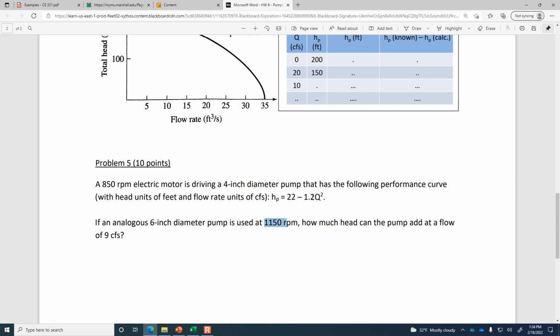Here's the original performance curve. You need to find the new performance curve and then substitute in the flow rate of 9 CFS to find out how much head is going to be added. So into the new equation that you create, solve for H sub P with a Q of 9 CFS. So I think you've got the tools you need to be able to do that one.